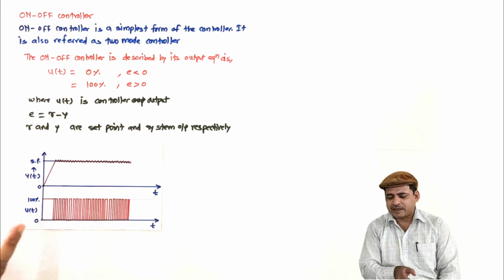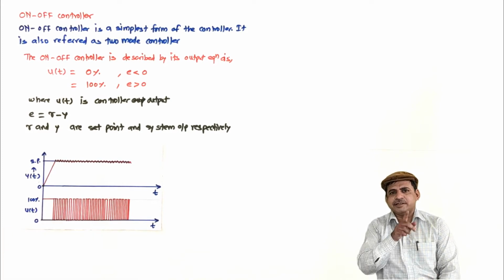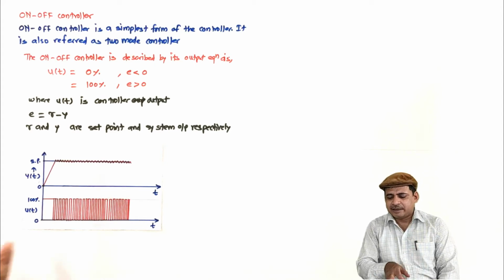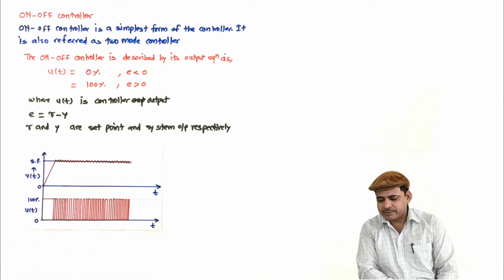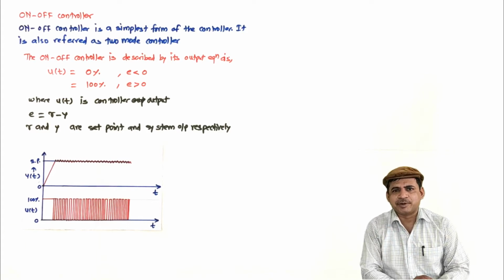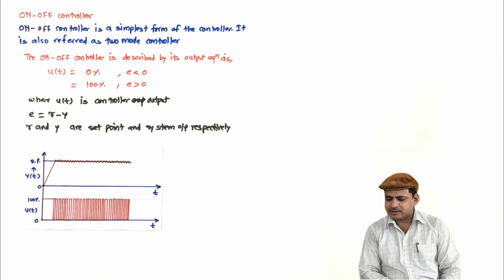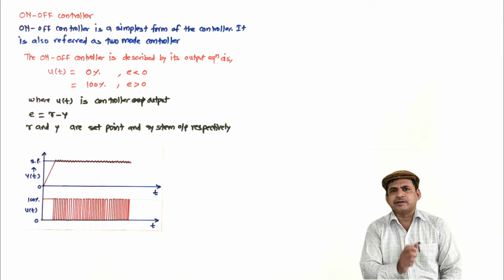This chattering is very harmful to the actuators, because the controller is changing its output very rapidly. I have shown it approximately, but it is almost infinite frequency, and these cycles are very dangerous and must be eliminated, or at least reduced.